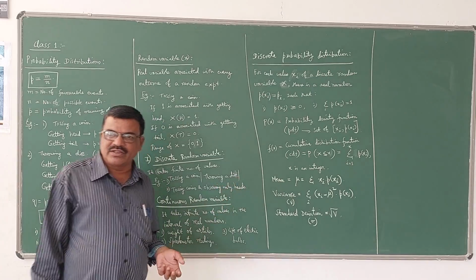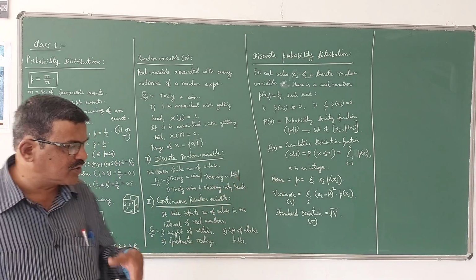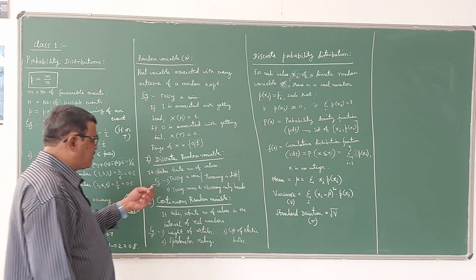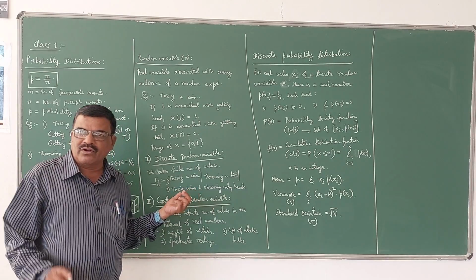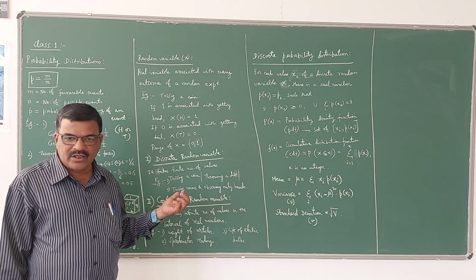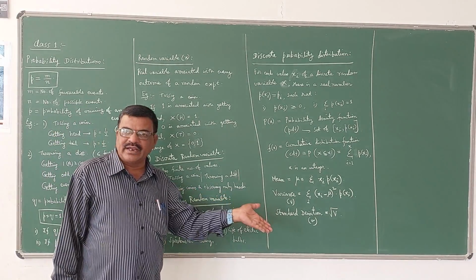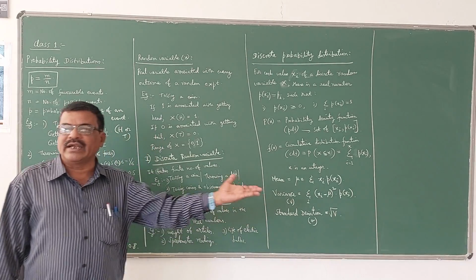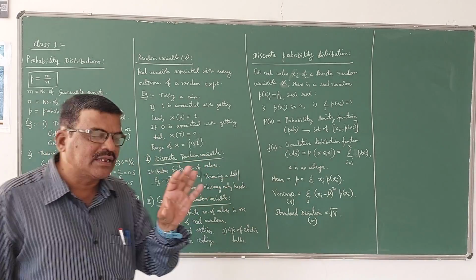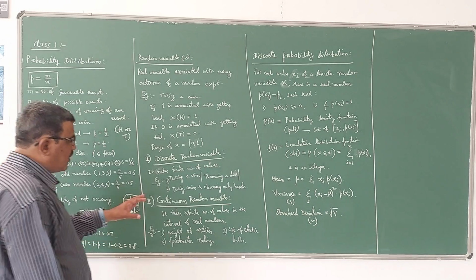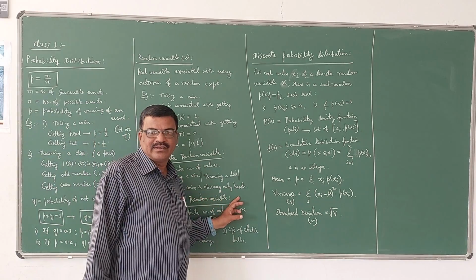That is an example for discrete random variable, because suppose you are doing 10 experiments, 10 times you are tossing a coin, you are going to get 10 readings. If you are throwing a die 20 times, then you are going to get 20 readings. So the number is restricted. Tossing coins and observing only head.